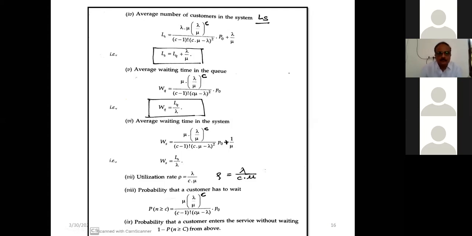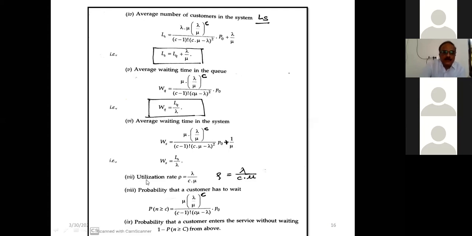So the simple way to remember these four formulas is to remember the formula for LQ. Once you know LQ, you can find LS, WQ, that is LQ by lambda, and WS, that is LS by lambda. This is the way you can remember these formulas because they are really difficult to remember.